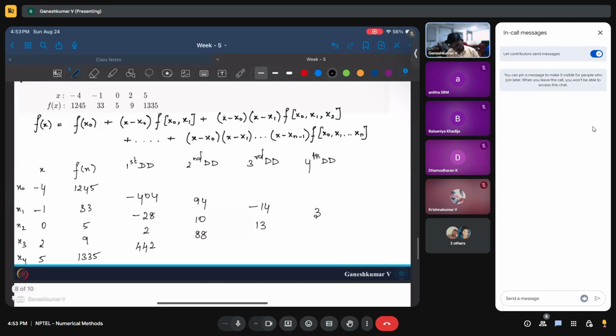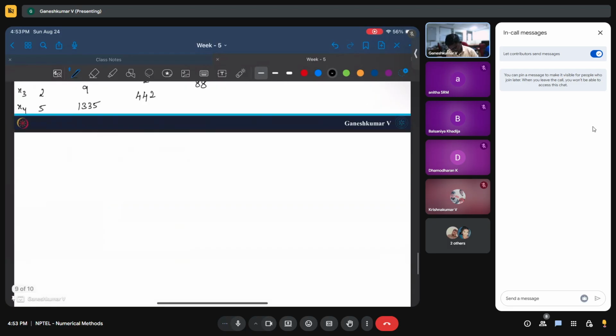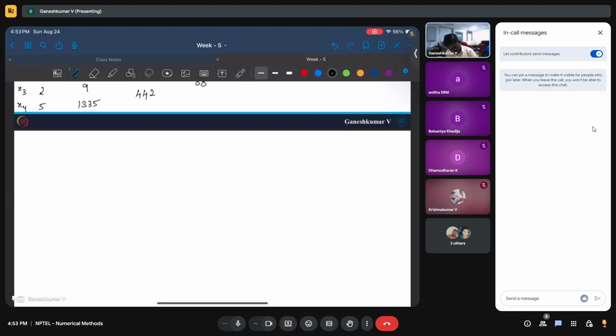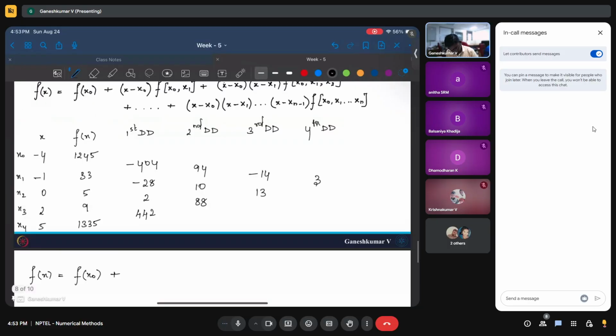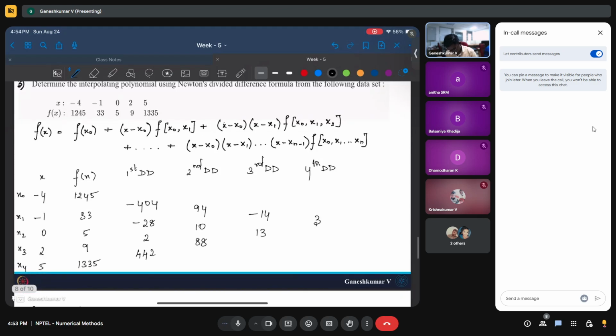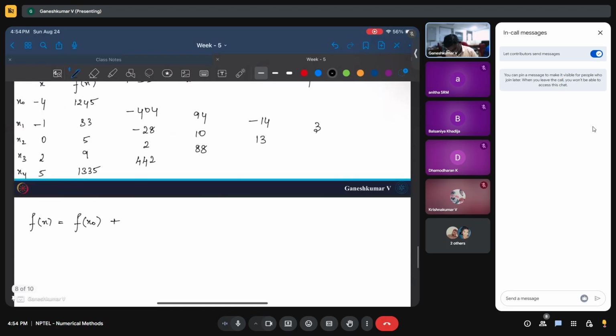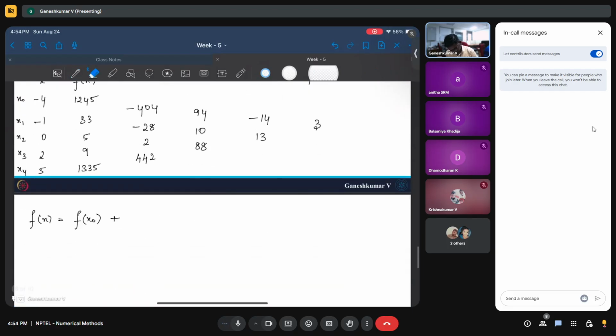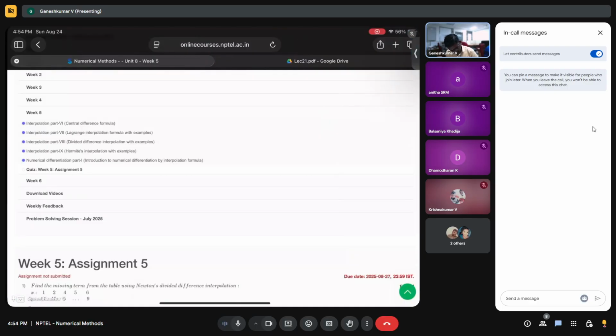Now let's write down the formula. So f of x is going to be f of x naught plus, so here f of x naught is 1245.